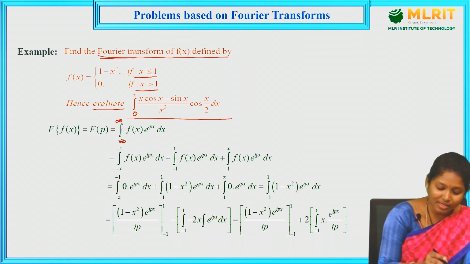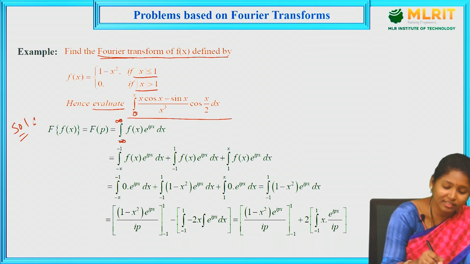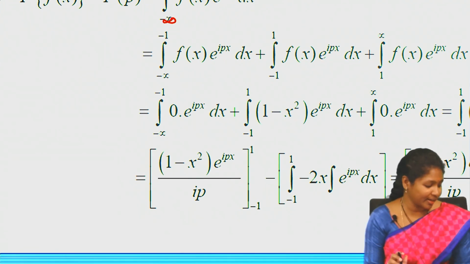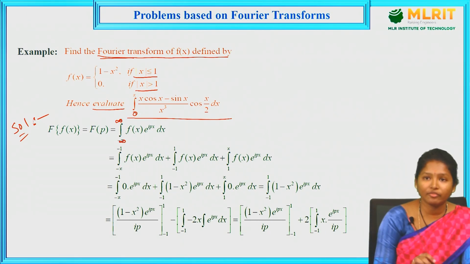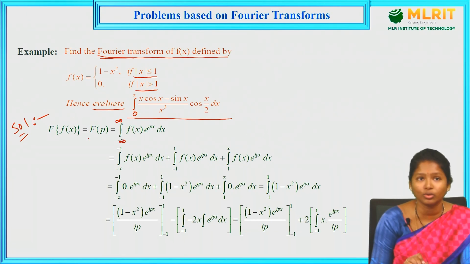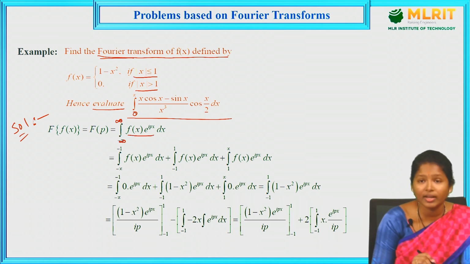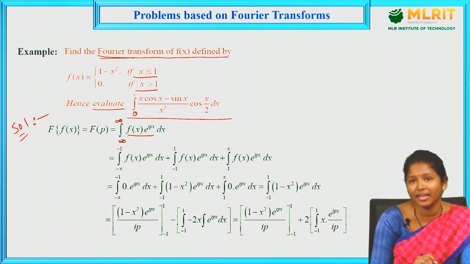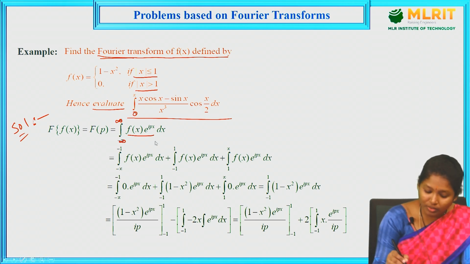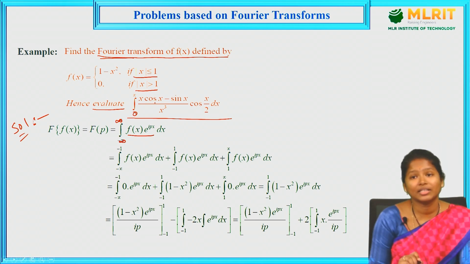Okay. First we will write the infinite Fourier transform formula. F of p equal to the integral from minus infinity to infinity of f of x e power ipx dx. Here f of x is a discontinuous function, so we are splitting the integration.